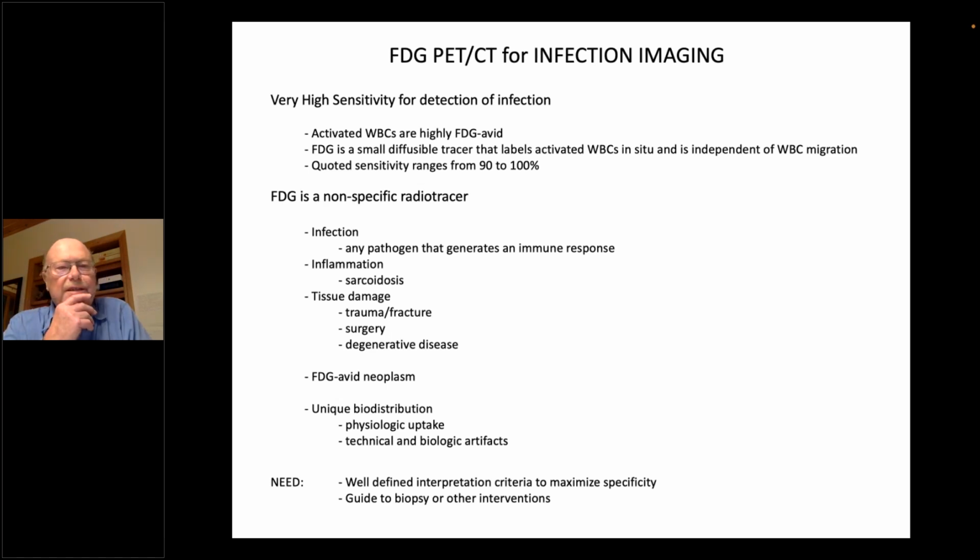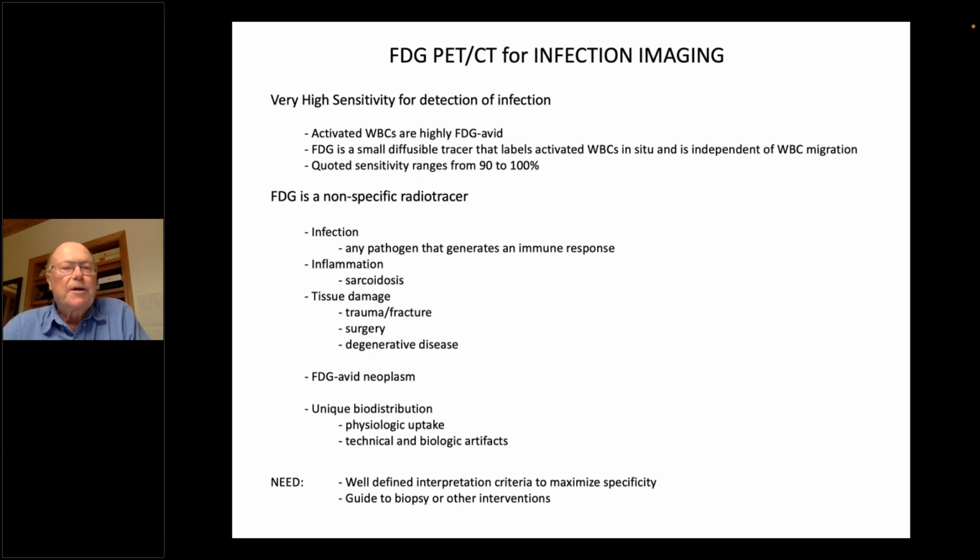Quoted sensitivities range from 90 to 100%. But at the same time, FDG is a non-specific radio tracer. It's positive with just about any pathogen, be it bacterial or fungus or even viruses, as long as it generates an immune response.